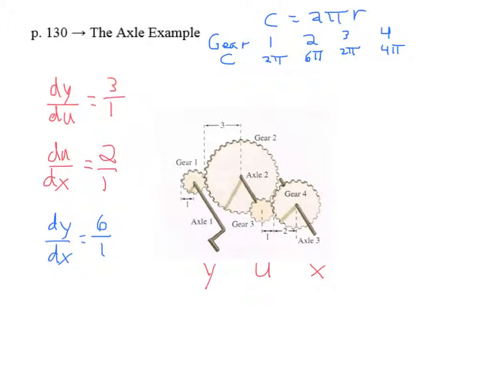So this is showing once again that dy dx is indeed equal to dy du times du dx. And that is the chain rule, actually. This is the derivative of the outside function with respect to the inside function being u, and then we multiply that by the derivative of the inside function with respect to x. And if we do that, we get the derivative of the composite function, dy dx.